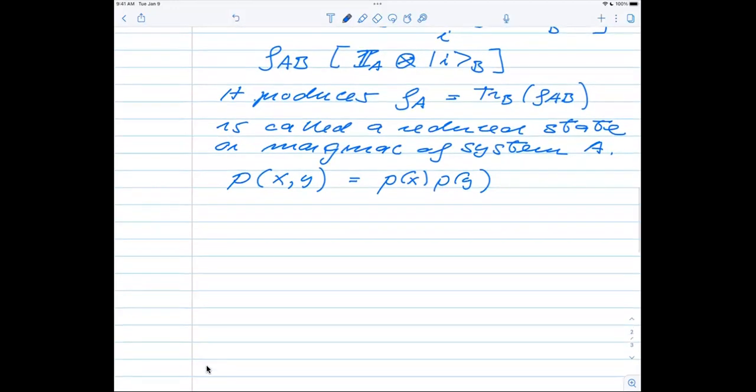So what I could do then is simply to find that P of X would be given by the integral over the domain of all possible events for Y of P of X, P of Y, dy.